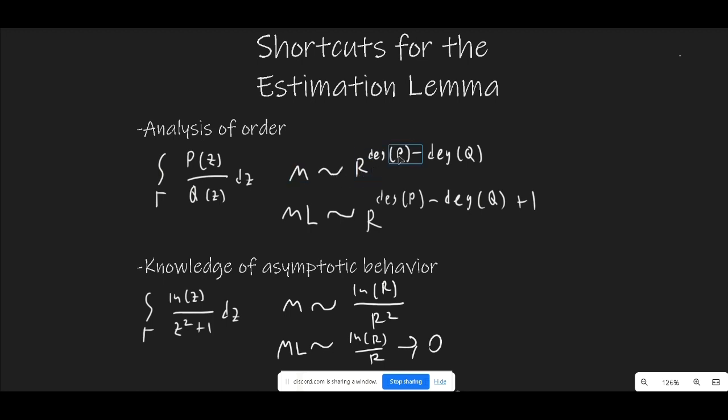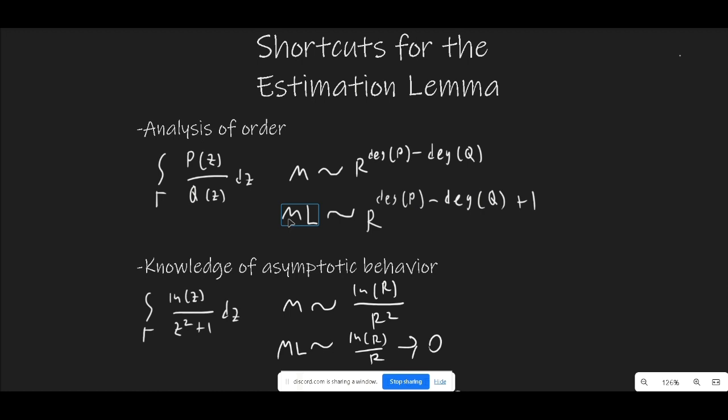And when we multiply by L, which is just pi times r, we're just adding one order of r, right? And so that means if the degree of q is more than 1 greater than the degree of p, we can pretty safely argue that ML is going to go to 0, and that means the integral over gamma is also going to go to 0. And that's without doing any real math, just sort of adding up the order of things. And you can also analyze asymptotic behavior for other functions, like for example ln z.